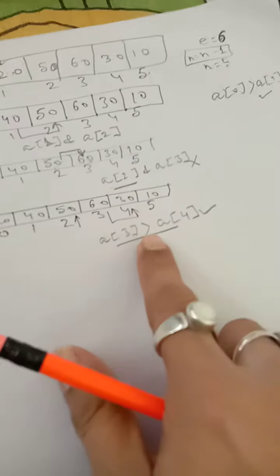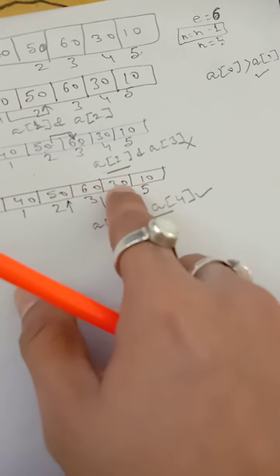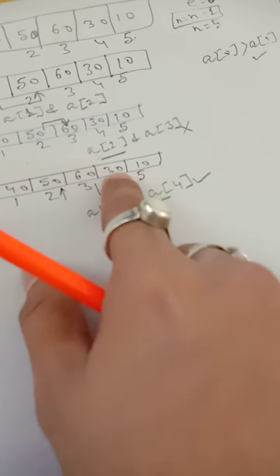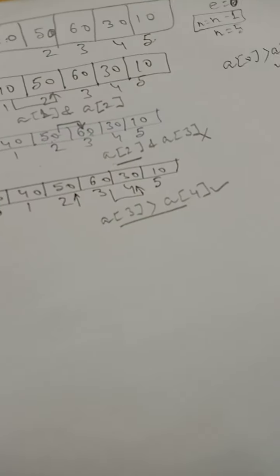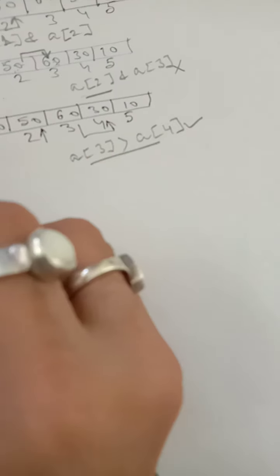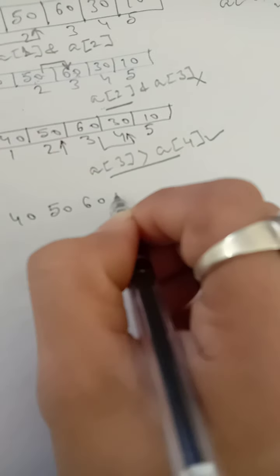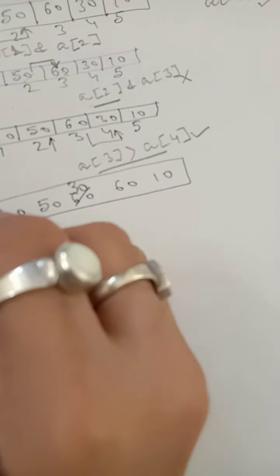Yes, this condition is true, because 60 is greater than 30, so it will be swapped. So it will be 20, 40, 50, 30, then 60 and 10, indices 0 1 2 3 4 5.